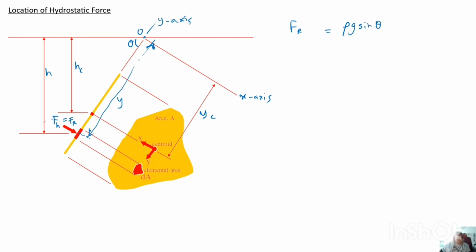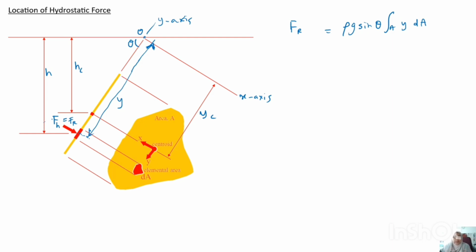So before we integrate just now, it is this, right? Before we integrate. So if I want to find the exact location of this force, I need to do the summation of moment about the reference point. The reference point is O.